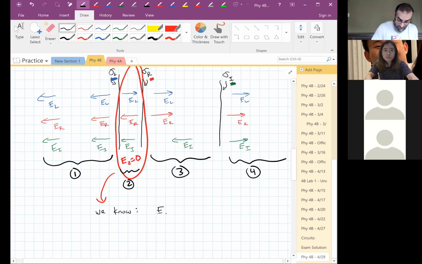E left is going to, let me write it as just vectors. E left plus E right, vector addition, plus E insulator has to be 0. We are inside a conductor.